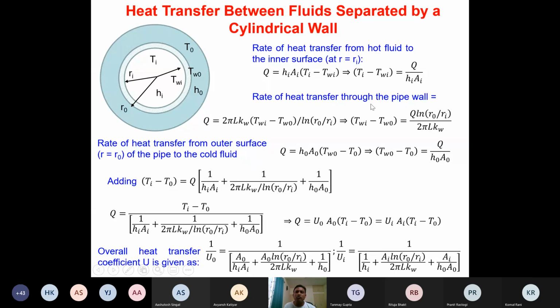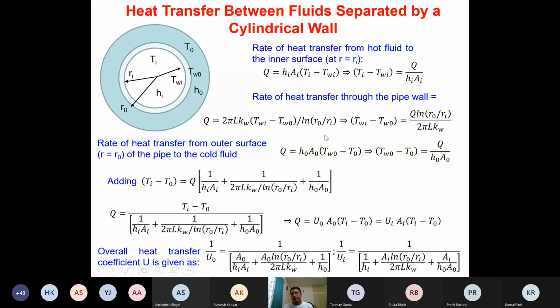Similarly, the rate of heat transfer through the metal pipe wall is given as Q equals 2 pi L Kw, so that is the heat transfer area, into Kw, which is the thermal conductivity of this metal wall, into delta T. Delta T in this case is going to be Twi minus Tw0, divided by ln R0 by Ri.